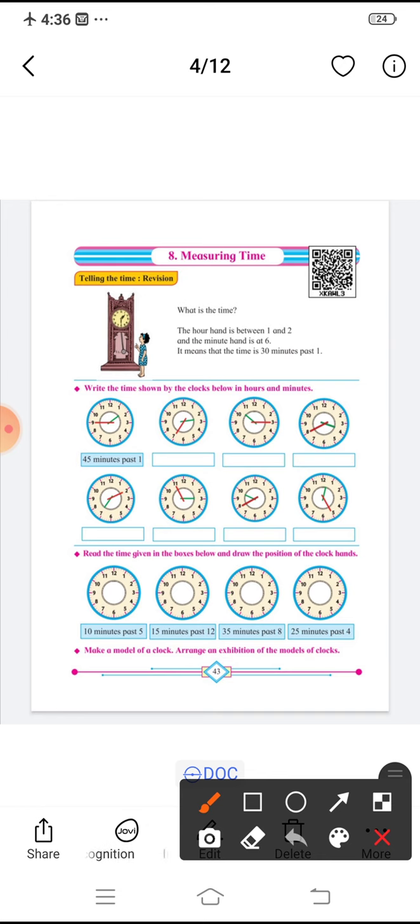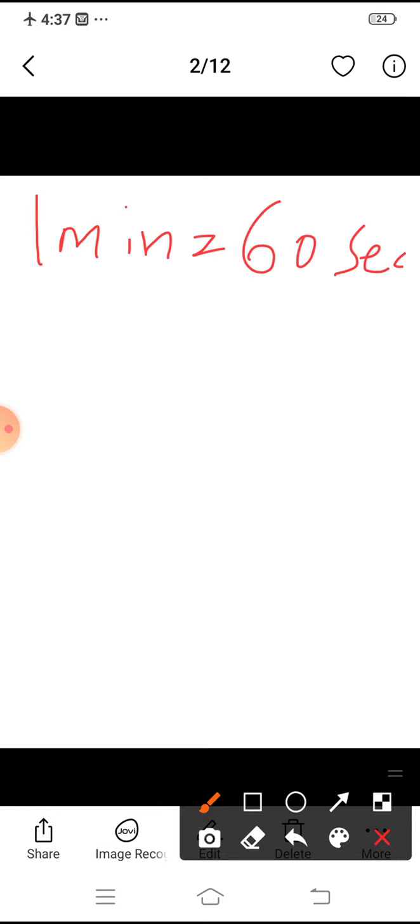Okay students, now write the time. Before that we will just recall it. Yes students, now 1 minute is equal to how many seconds? Yes students, you all know it. It is 60 seconds. Then 1 hour is equal to how many minutes?